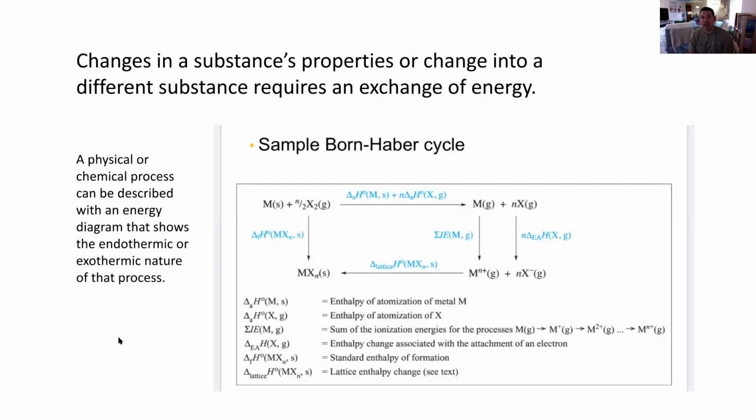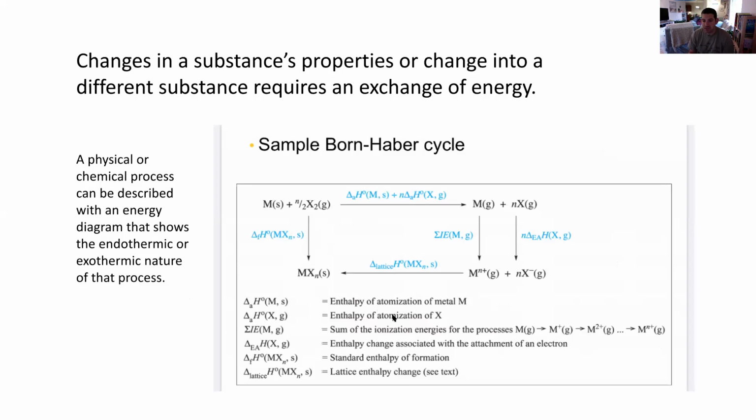All right, so a physical or chemical process can be described with an energy diagram that shows the endothermic or exothermic nature of that process. Here I have a reaction that is really broken down step by step. We've seen this in the textbook. Enthalpy of the atomization of metal M, right?